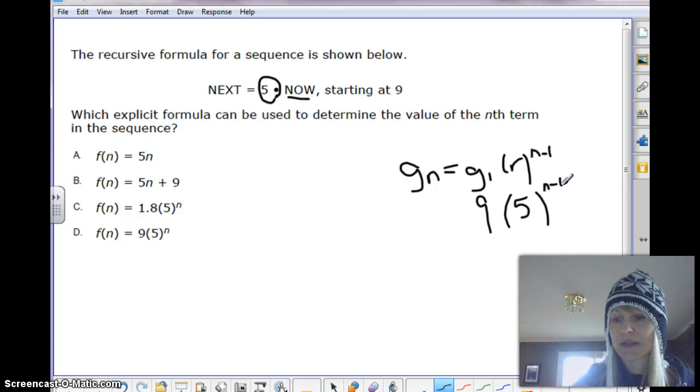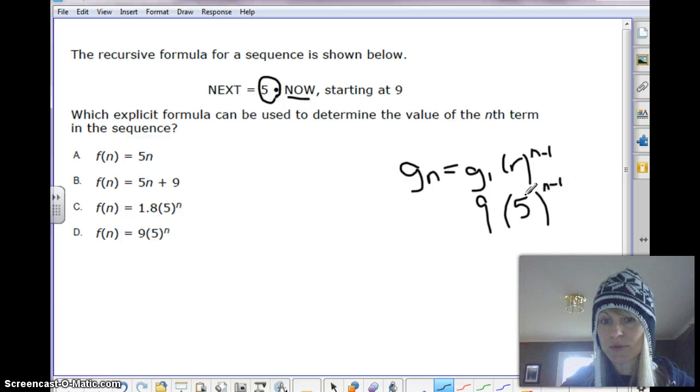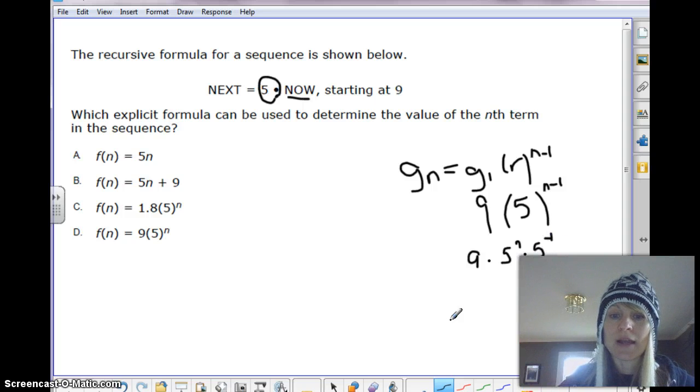So now I'm back to Monday night's video on finding explicit equations. I have to distribute the exponent, so I'll have 9 times 5 to the n times 5 to the negative 1. I'll put my 5 to the n out of the way, times 9 times 5 to the negative 1, which is 1/5.